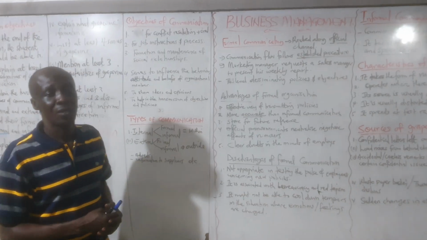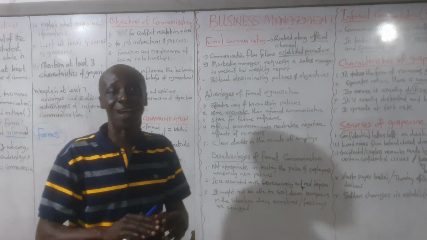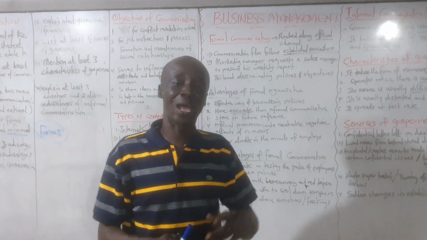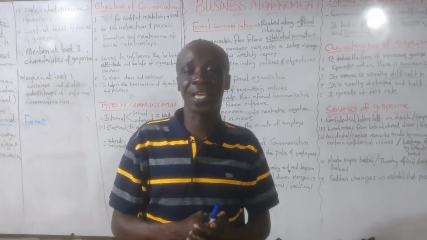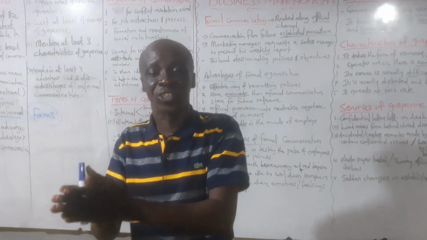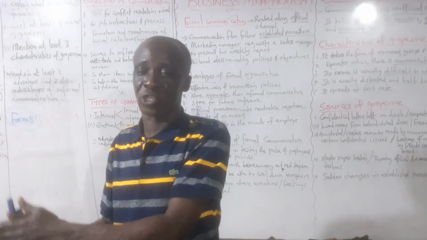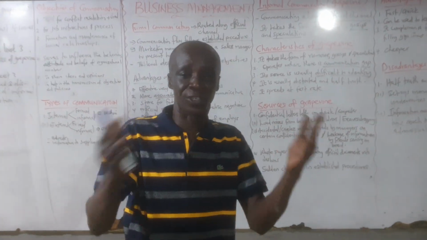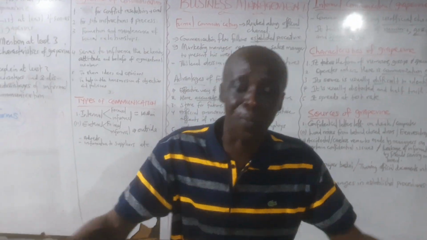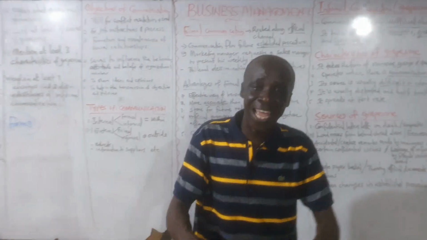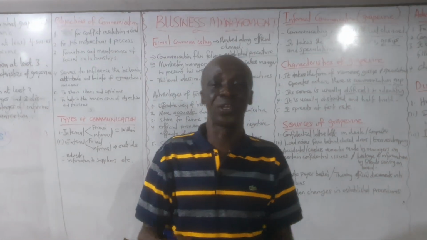It is through communication that these social relationships are formed. Remember, when we were talking about organization structure, we said the structure is the relationship that exists within the organization. We look at formal relationships and we look at informal relationships. You can establish relationships in the organization through communication, and you can maintain such relations, whether formal or informal, through communication.